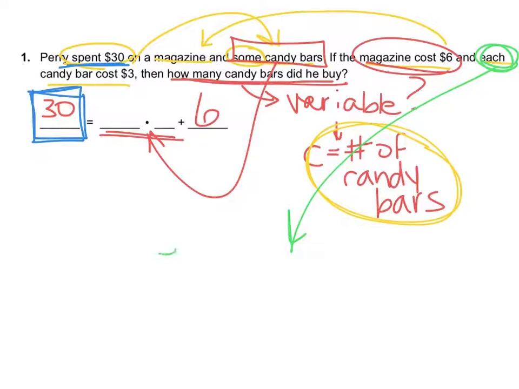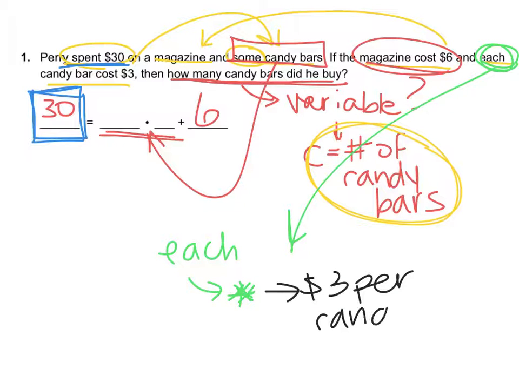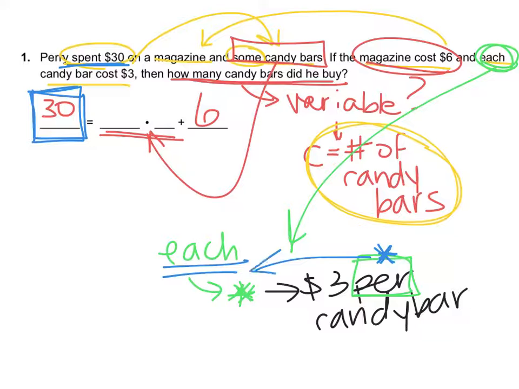When I see the word each, it means multiplication, so you may want to make a note of that. We could also rewrite that as $3 per candy bar. If you think back to our expressions unit, the word per also means multiplication. So if we see per or each, we're thinking multiplication.